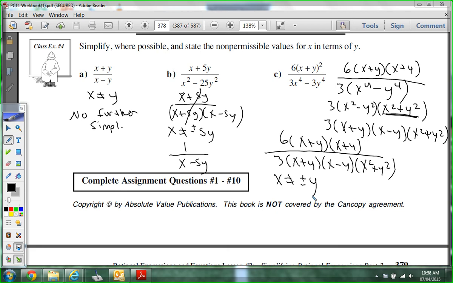I know it's weird. We don't know what y is. That's kind of the catch-22. And the last part, this cancels, and 6 divided by 3 is 2. 2 times x plus y all over x minus y, x squared plus y squared.